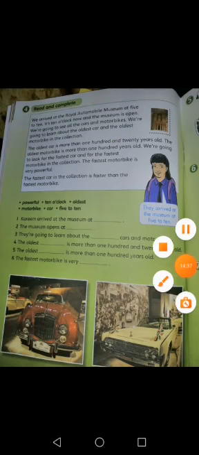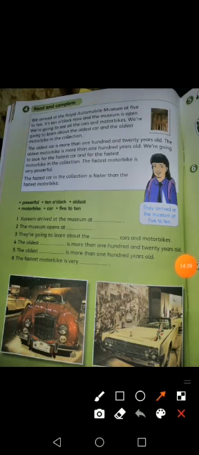So let's move to the next paragraph. The oldest car is more than 120 years old. Okay? The oldest car is more than 120 years old.